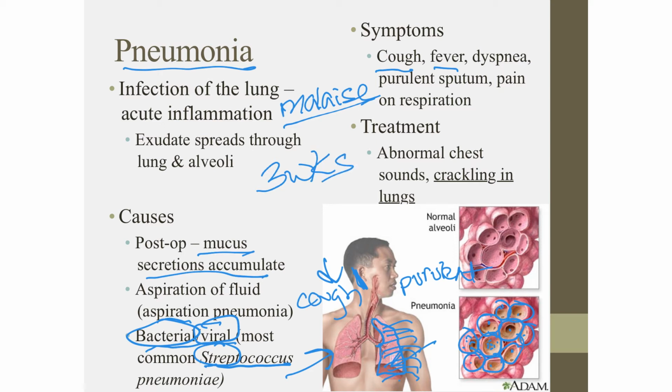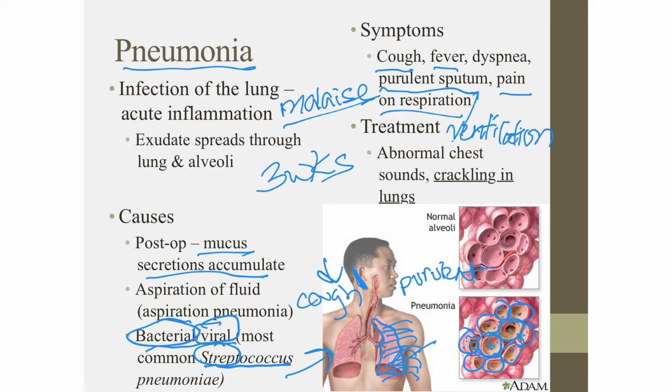So it's quite a bit of time. And when they cough, you will see exudate that is containing pus. It's purulent, and definite pain on respiration. When we're talking about breathing, we're going to call that ventilation. So diaphragm up and down, air in and out.